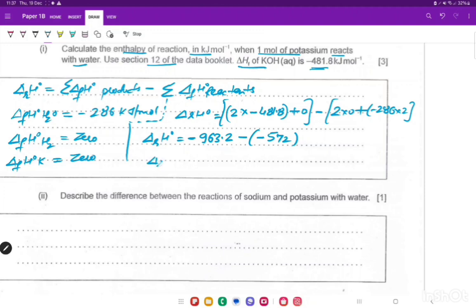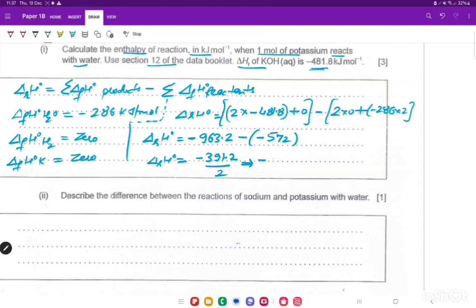That comes out to be ΔrH° = −391.2 divided by 2, because I want it in kilojoules per mole. That equals −195.6 kJ/mol. Okay, this will be the answer for this question: −195.6 kilojoule per mole.